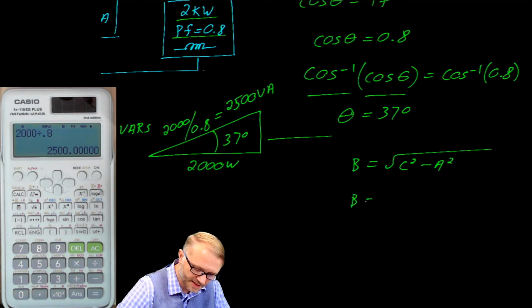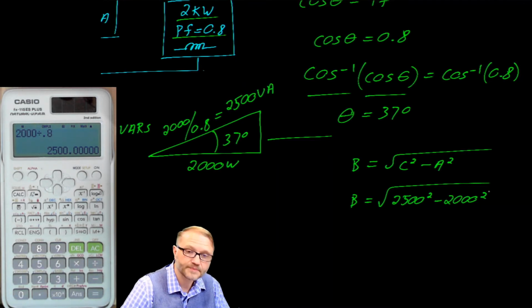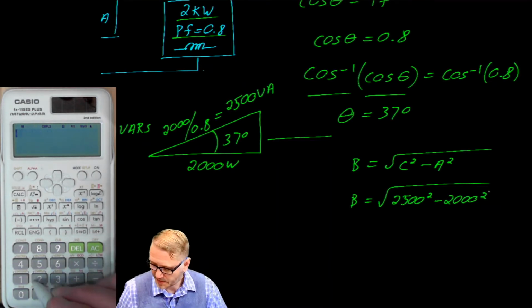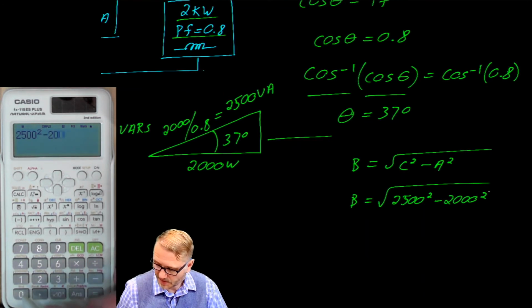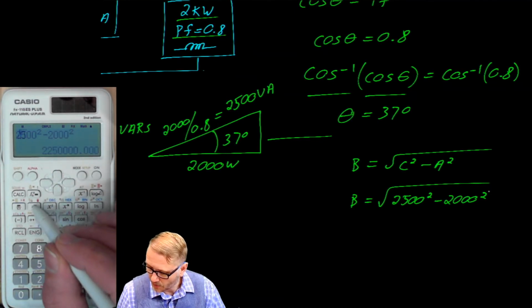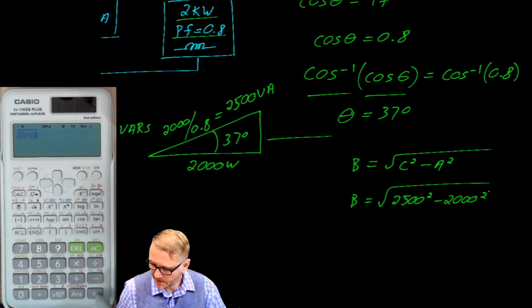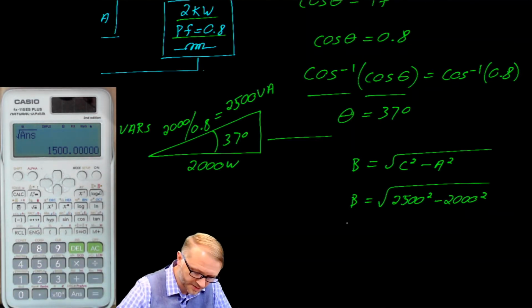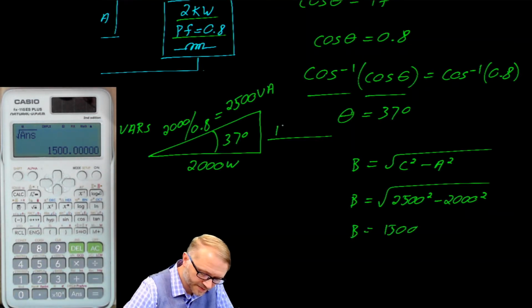In this case, this is equal to the square root of 2500 squared minus 2000 squared, which is equal to 1500. So that's 1500 vars.